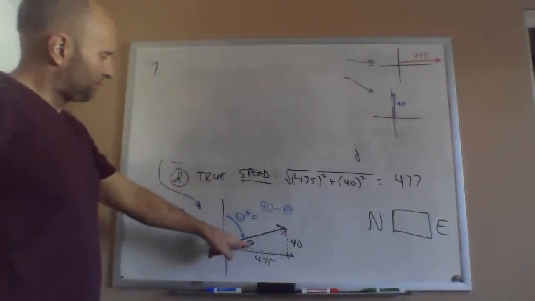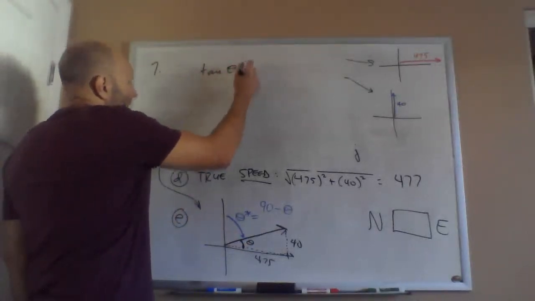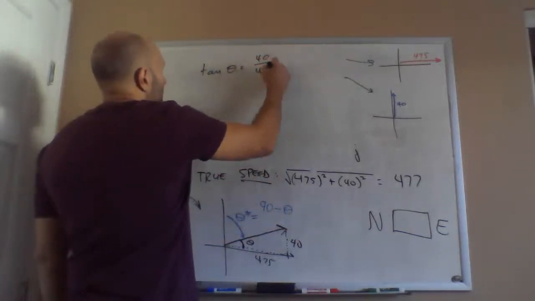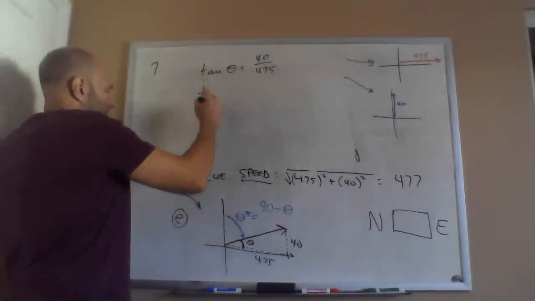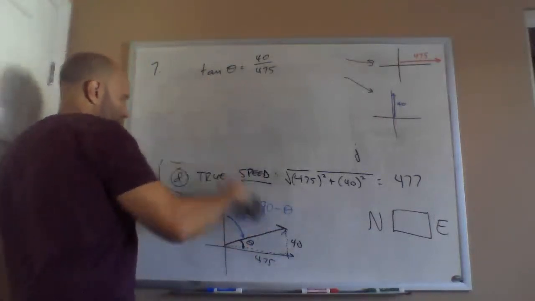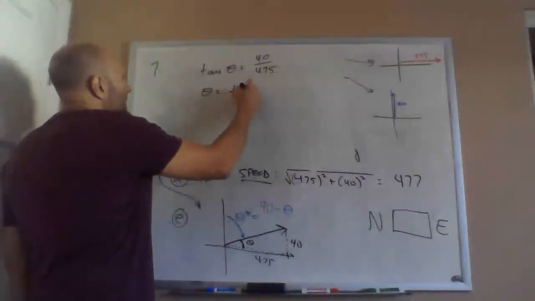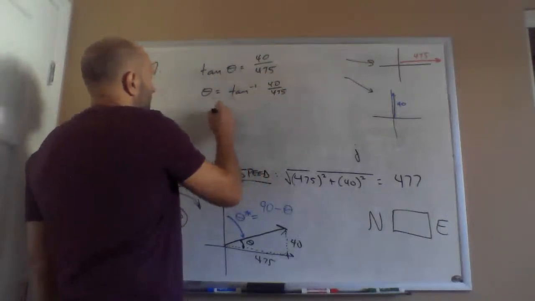All right, so again, to find theta, we're going to use tangent. So we have tangent of theta is opposite over adjacent, 40 over 475. So basically, we're doing tangent inverse on your calculator. Make sure you're in degrees. So theta would be tangent inverse of 40 over 475.